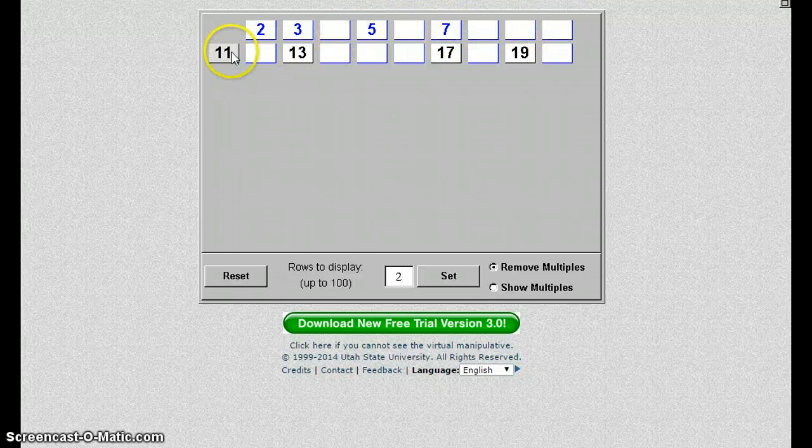Our next number is 11. It's also prime, not divisible by any of the numbers less than it. 13, 17, and 19 are all prime because they're not multiples of any of these previous numbers. Notice when I clicked on these, none of these were removed. So these are our prime numbers less than 20.